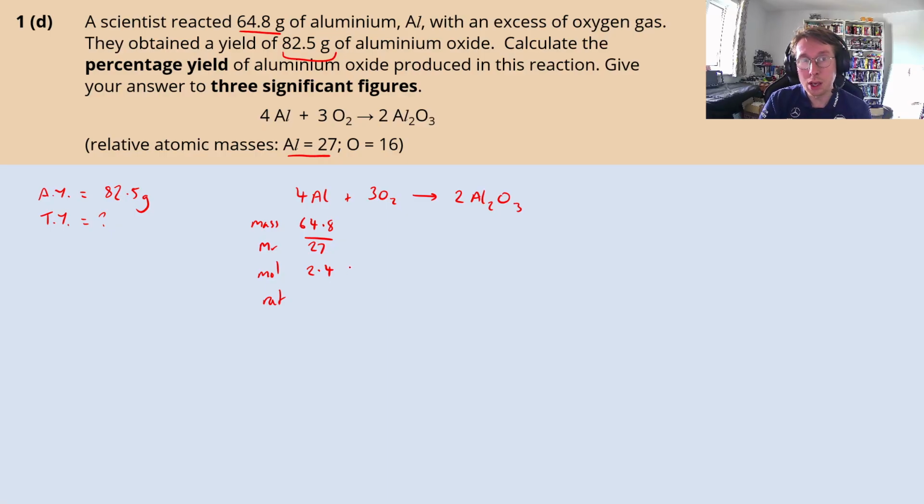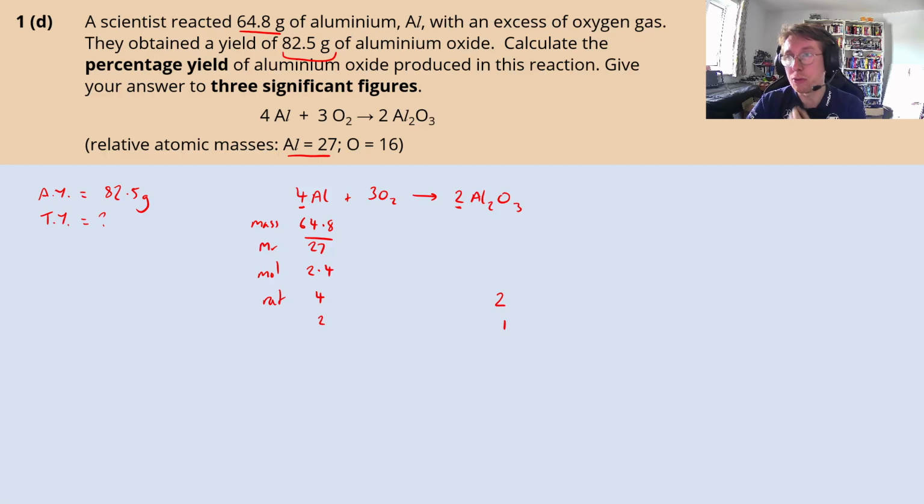Now this time, we look at the balancing numbers for our ratio, and you'll notice it's not ones this time. We've got a 4 in front of Al, so there's a 4 there. And we've got a 2 in front of the Al2O3, so we pop a 2 over here. What this means is we've got a 4 to 2 ratio, which is the same as a 2 to 1 ratio if we were to simplify it.